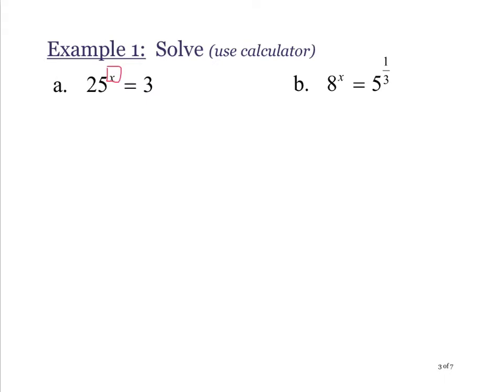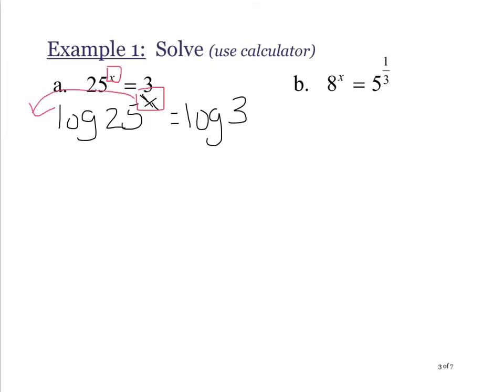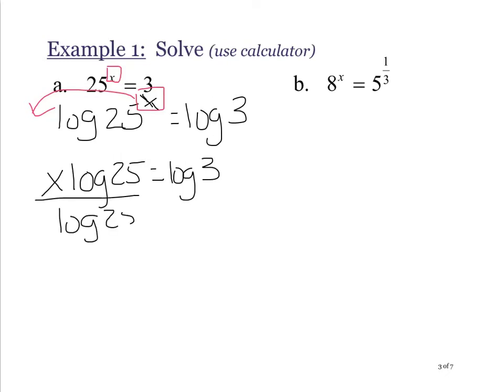So if I write the log of 25 to the x equals the log of 3, with your powers of logs, you know that the exponent can come out front, and it becomes x log of 25 equals the log of 3. And to solve for x, we're just going to divide by the log of 25.